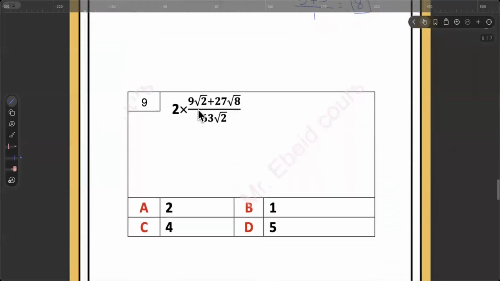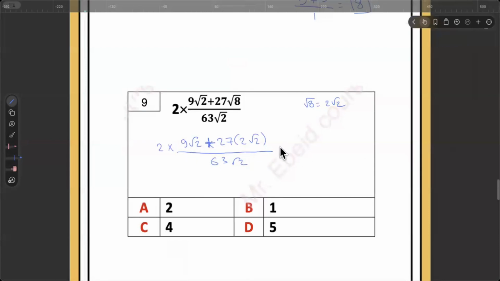Question 9. 2 times 9 radical 2 plus 27 radical 8 over 63 radical 2. In this question, we have radical 8. This is equal to 2 radical 2. So it will be 2 times 9 radical 2 plus 27 times 2 radical 2 over 63 radical 2.